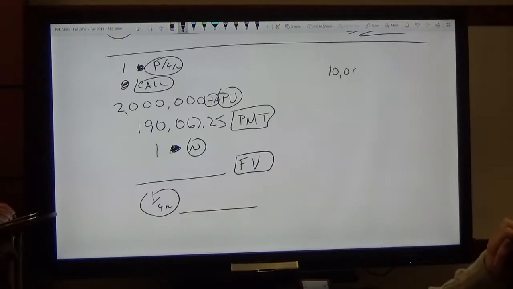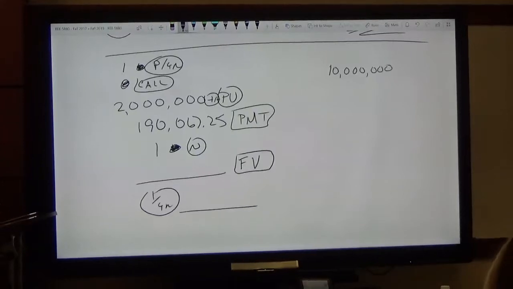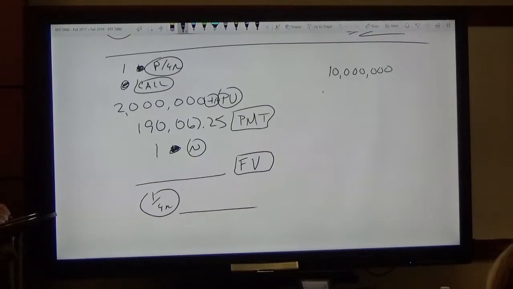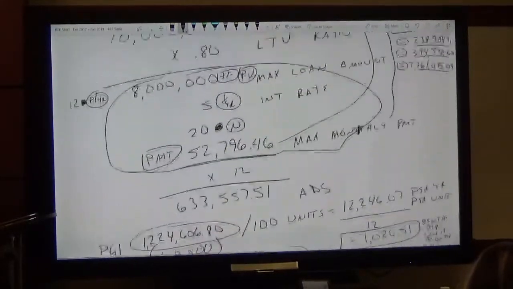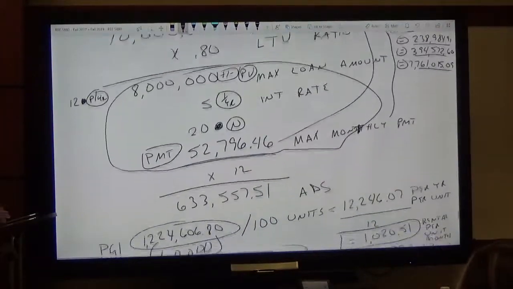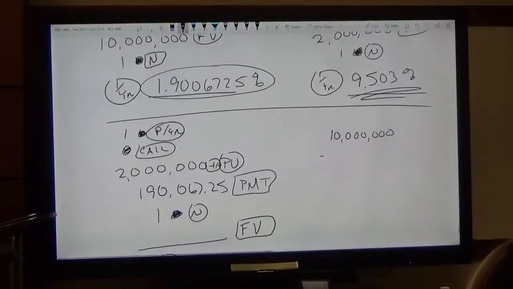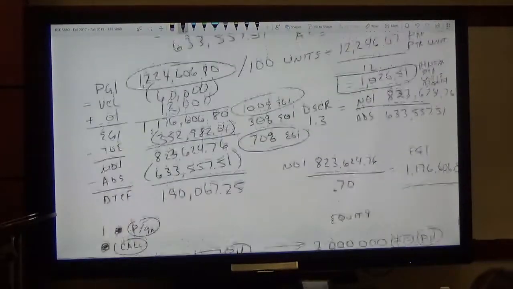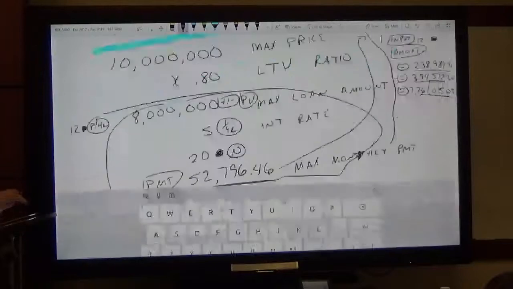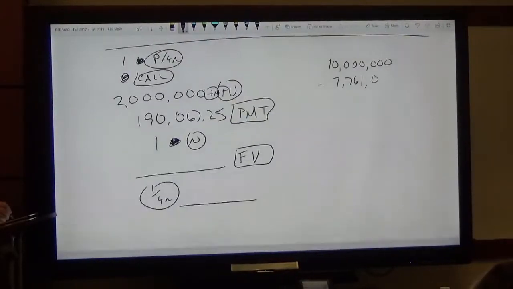The original price of the property was $10 million, okay? Now, what we've got to do is say, all right, the balance on the loan was $7,761,015.09. That's the balance at the end of year 1.